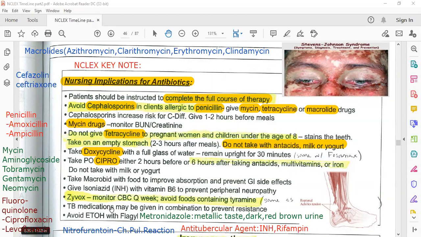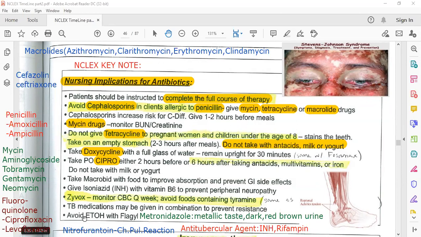So anti-TB medication may be given in combination to prevent resistance. What combination? A combination of isoniazid, rifampin, ethambutol, or streptomycin.